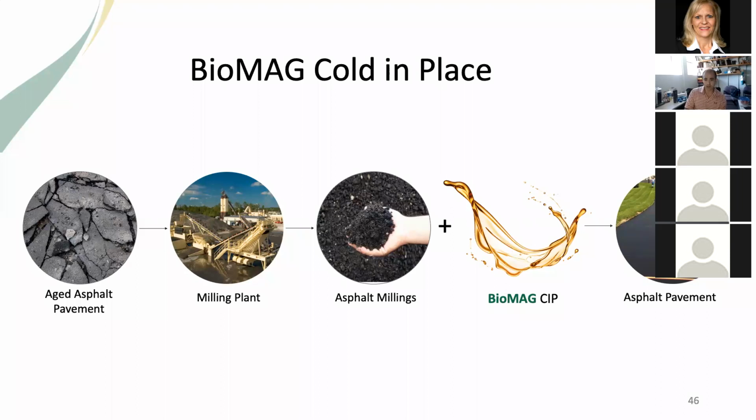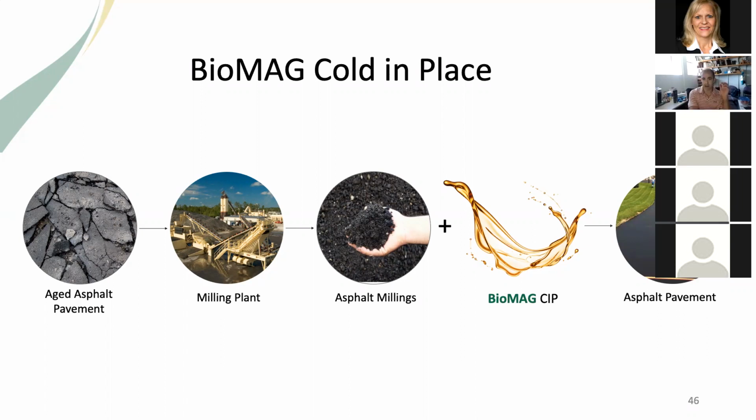In a cold in place recycling application, you actually just take those asphalt millings and lay them out onto the new roadway, and you add a cold in place recycling additive.